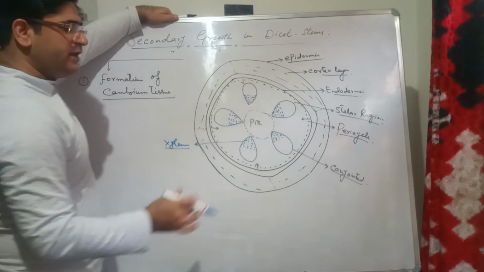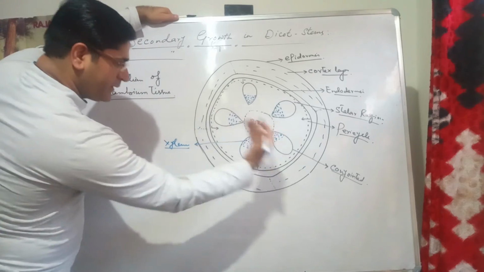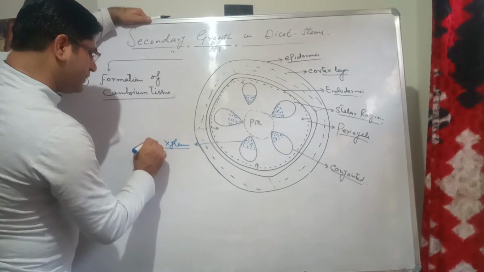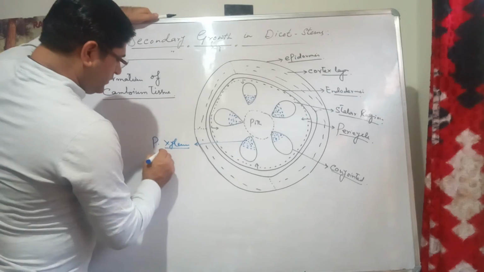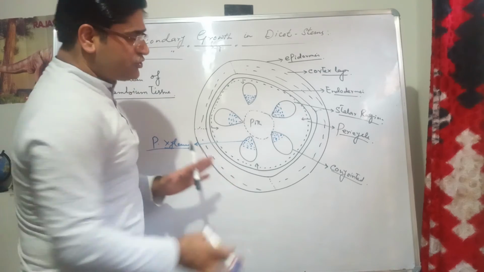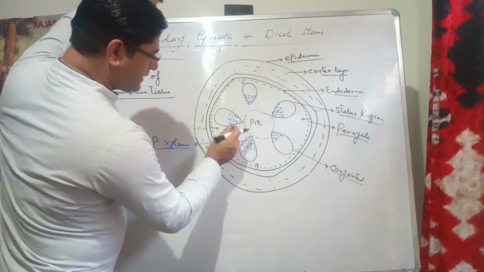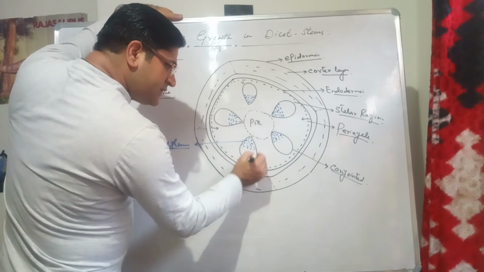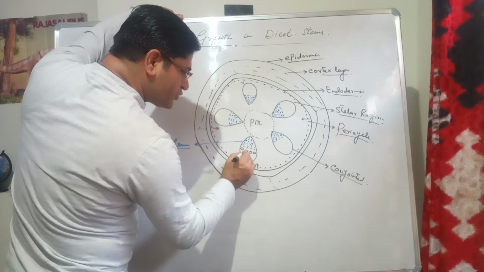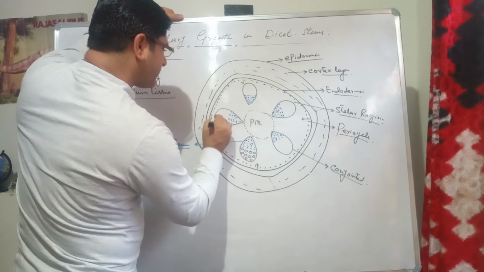And you know that this is the primary xylem, the xylem formed during the primary growth. As of now, secondary growth has not yet started, so the xylem is primary xylem. Around this primary xylem, within the same vascular bundle, there is the phloem tissue outside of the xylem, like this.